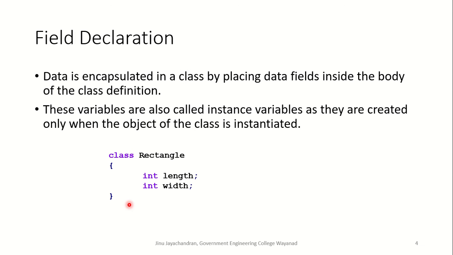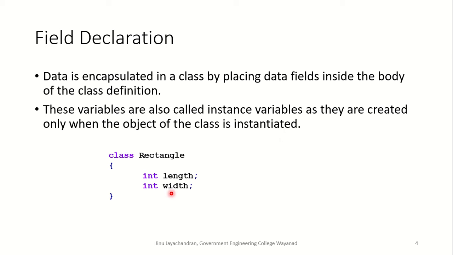Now let's look into each of these members inside the class. First is called a field. Data is encapsulated in a class by placing data fields inside the body of the class definition. So you have a class inside which you are declaring a variable to hold some data. These variables are called instance variables, as they are created only when the object of the class is instantiated.